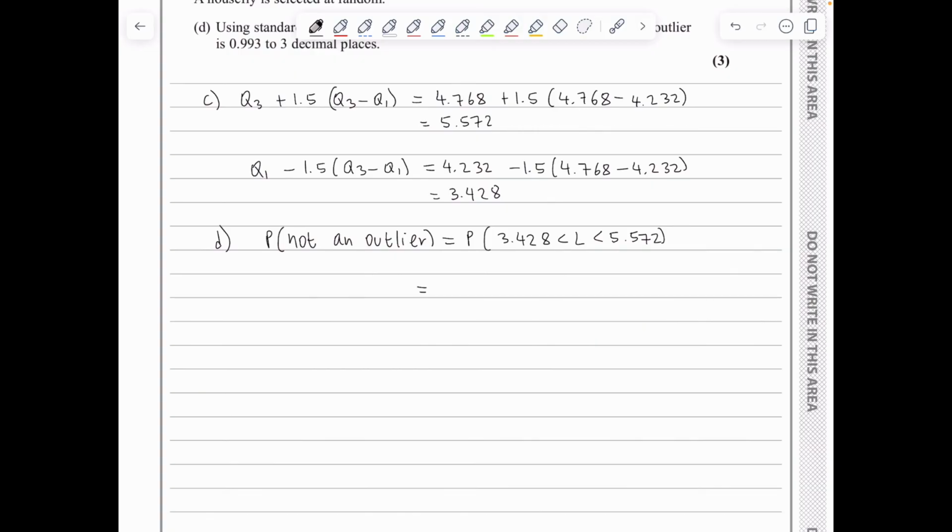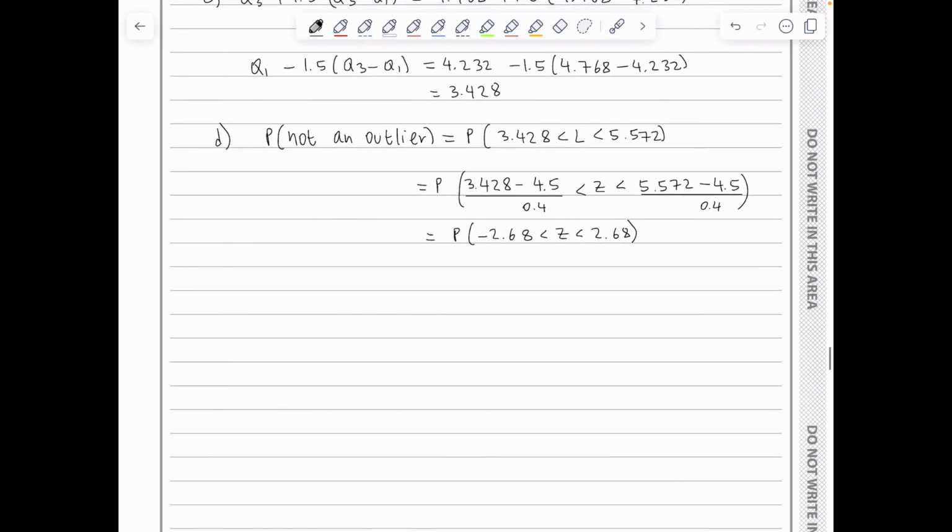So this is going to be the probability of (3.428 minus 4.5)/0.4 being less than Z being less than (5.572 minus 4.5)/0.4, which gives values of minus 2.68 and 2.68. I will now split the double inequality.